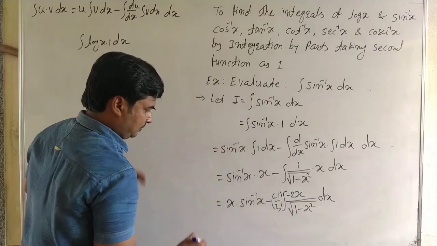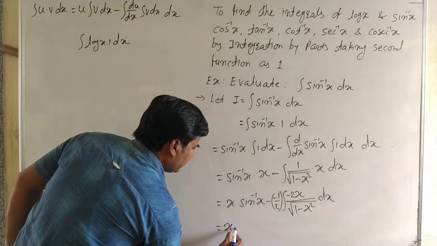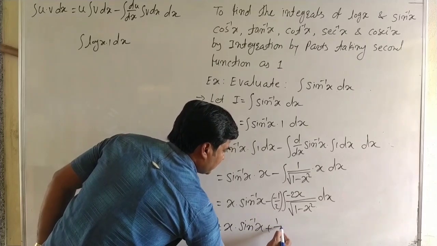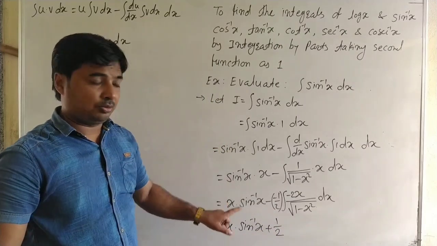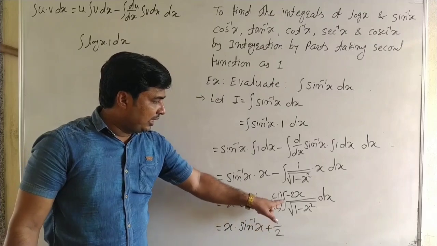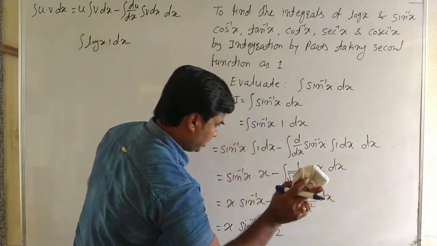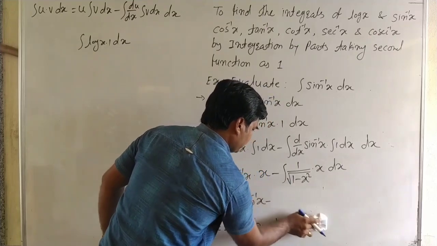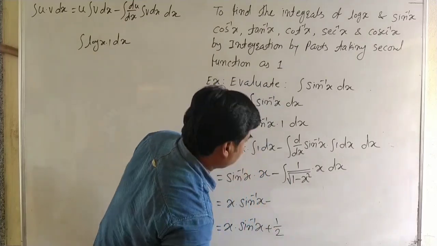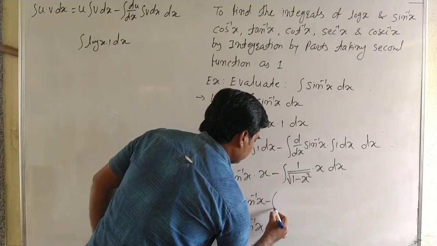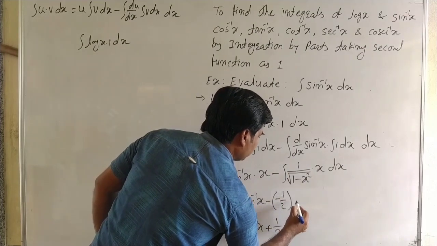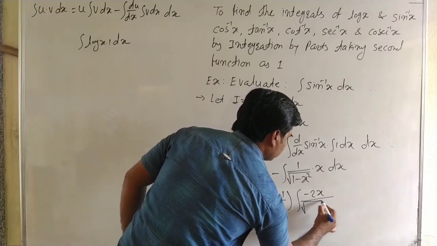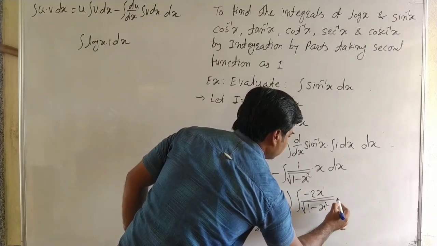Then x into sine inverse x plus 1 by 2, and here we write minus 1 by 2 into integral of minus 2x upon under root 1 minus x square dx.